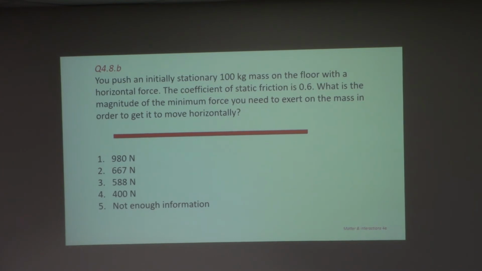how big a force would you have to exert to get it moving? How big a force do we have to exert to get it moving?